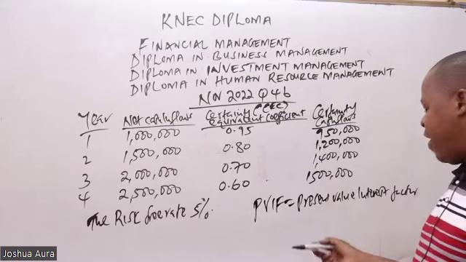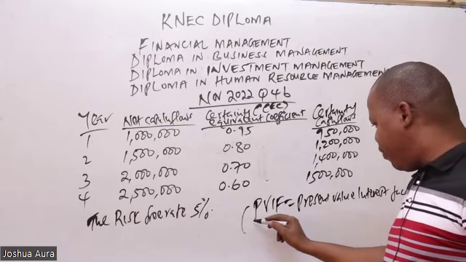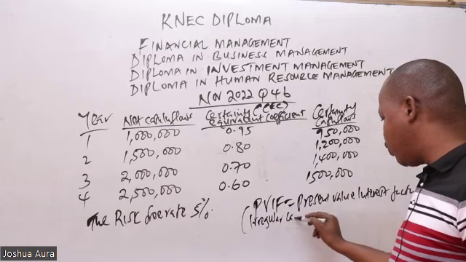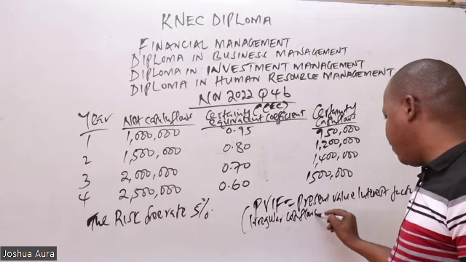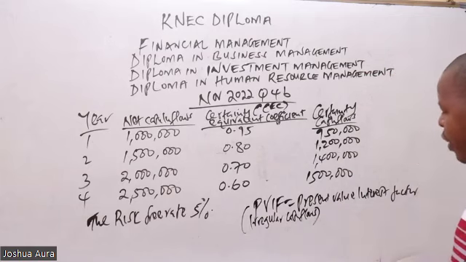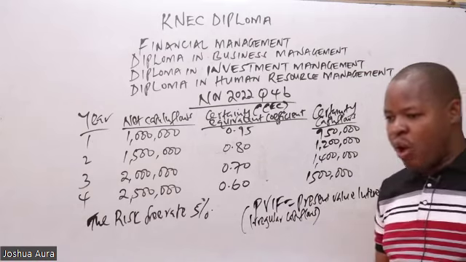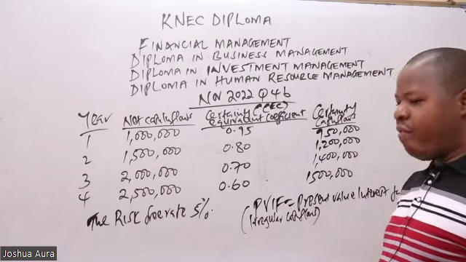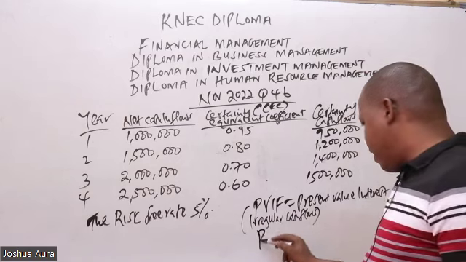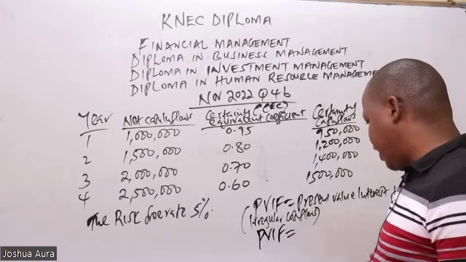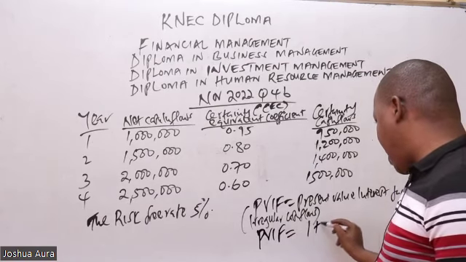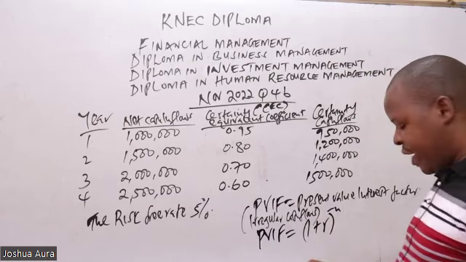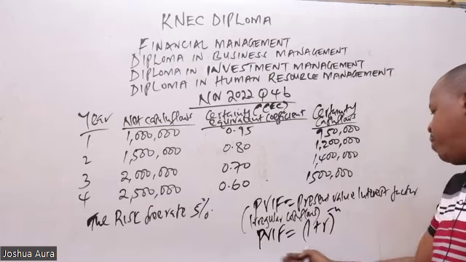This is a method of discounting used for irregular cash flows. And what is the formula? The formula for the present value interest factor is (1 plus R) raised to negative n.